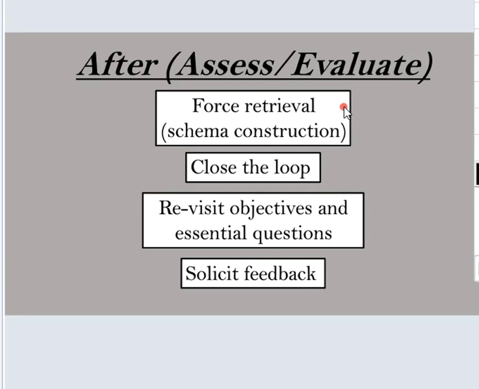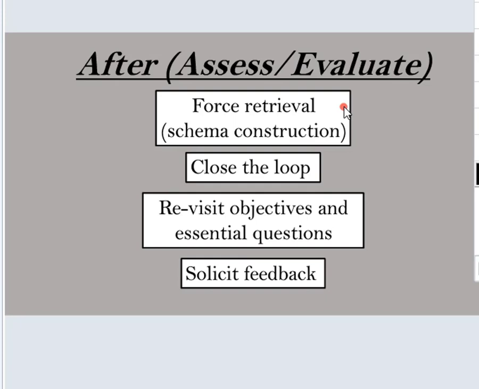Okay, so there's also research that shows that if you don't have them retrieve that information in a very short period of time, then it will be lost. So we want to give them some information and then force them to retrieve it very quickly so that those schemas can be built and solidified, and then we come back the next lesson and we start our next lesson with a before activity that again forces them to retrieve that same information again.